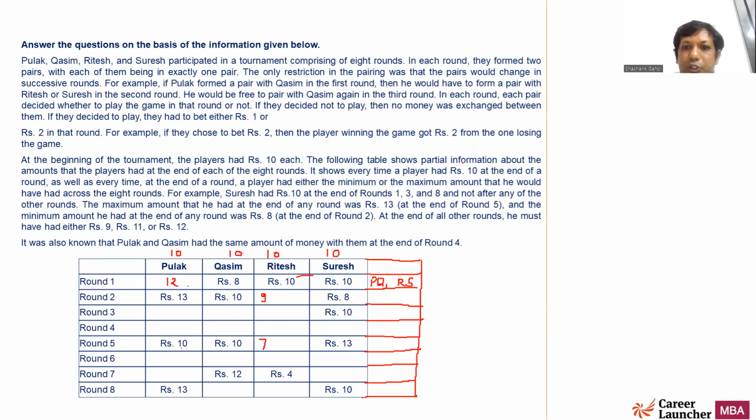The following table shows the partial information about the amounts that the players had at the end of each round. It shows every time a player had 10 rupees at the end of the round, as well as every time at the end of the round if a player had either the maximum or minimum amount across the 8 rounds.